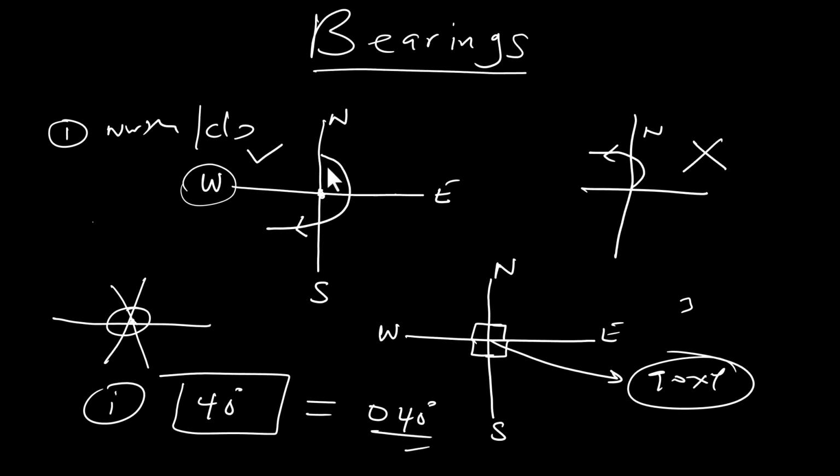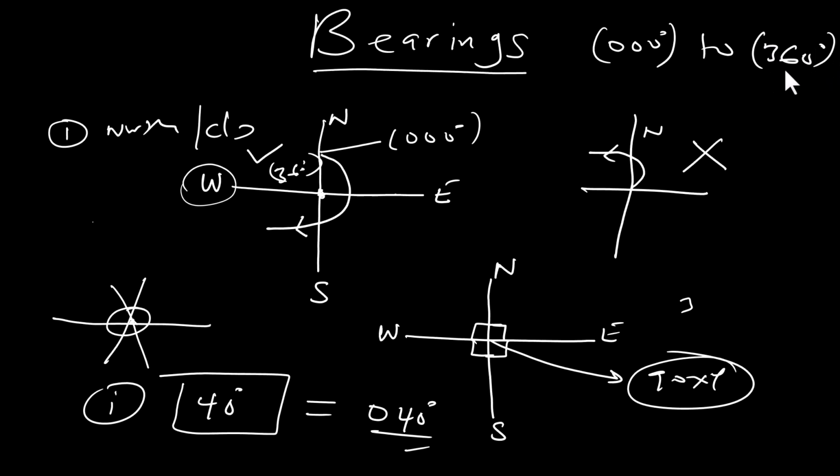It means that we measure from north 0, 0 to 360 degrees. So we start from 0 to 360 degrees. So that is the intro about bearings.